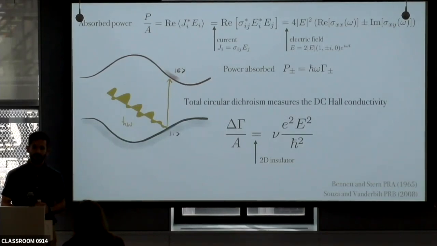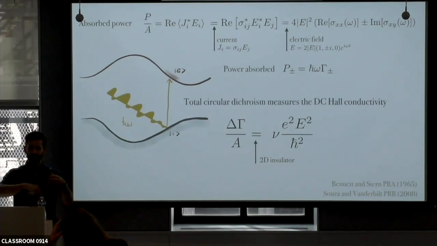Yeah. So actually, this might relate to what Raquel was telling us this morning. If you have some defect, and this defect carries, let's say, a quantum spin Hall, now take the chiral version of that. That would contribute to the circular dichroism for sure.